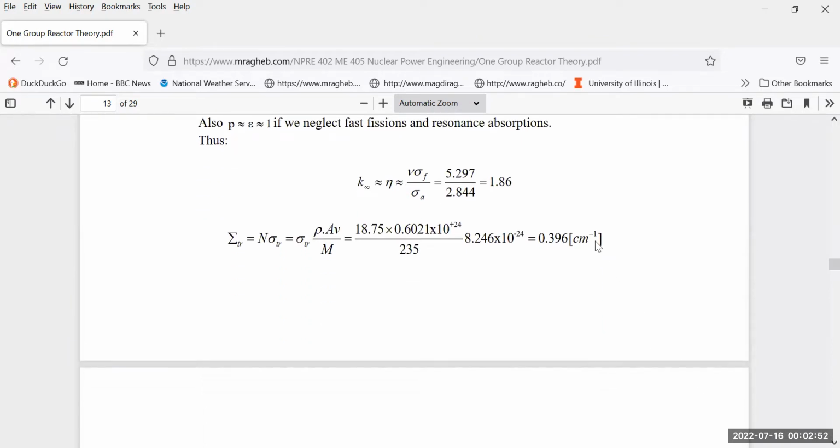This is a material property, enriched uranium-235. The macroscopic transport cross-section is capital N multiplied into the transport microscopic cross-section. Remember here, for that capital N, we have to use the modified form of Avogadro's law, not the mass divided into the molecular weight.